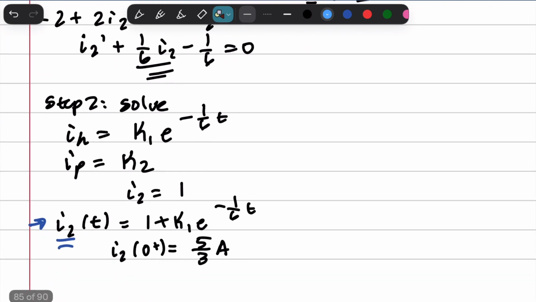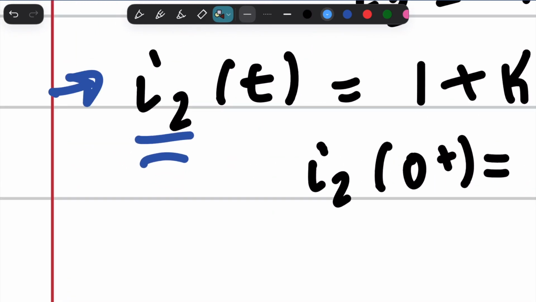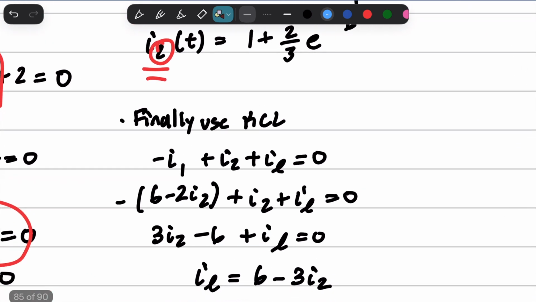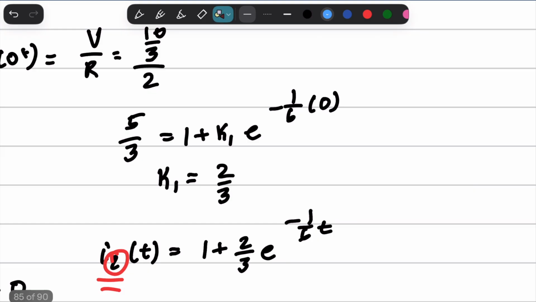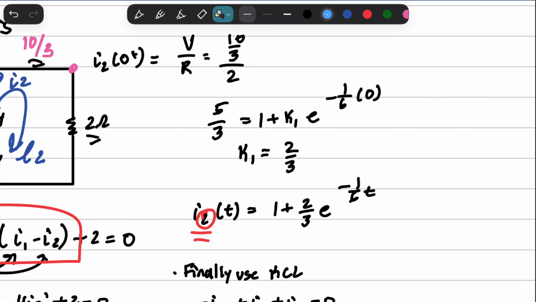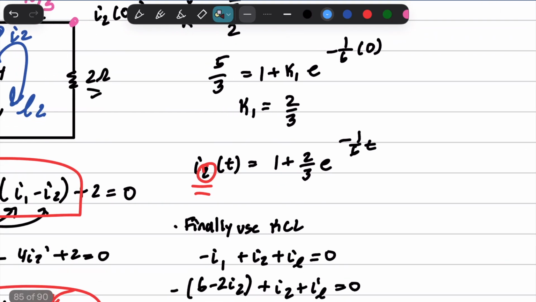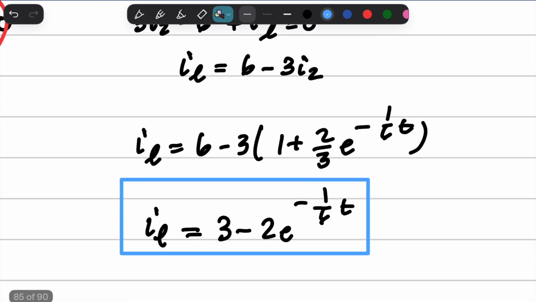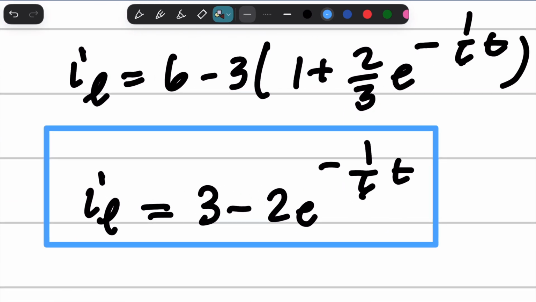And then we had to realize what we were actually solving for, I2. But we don't want I2. We wanted IL. And so we had to get the initial condition for I2. And then in the end, we still had to use KCL because we had that node. How are we going to find IL? We had the dependency, and we found what I2 was. And we've got IL right here.